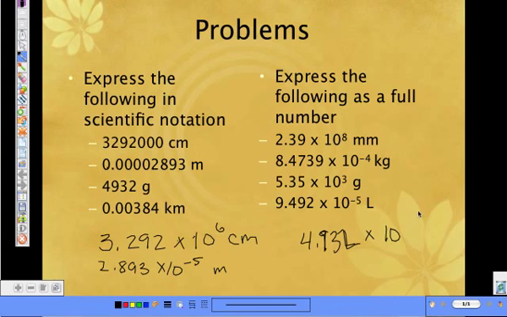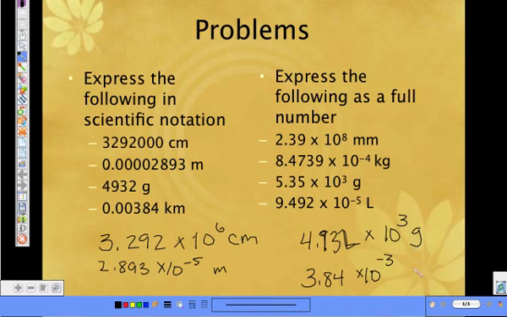Negative 3 or positive 3? Positive 3, because this number is big, so we want our exponent to be positive. And then that last one, .84 times 10 to the what? This one's negative 3, yep.